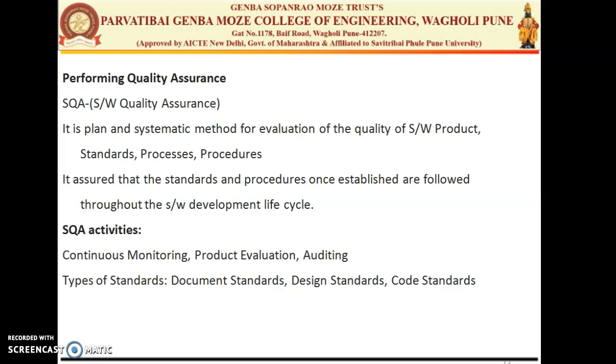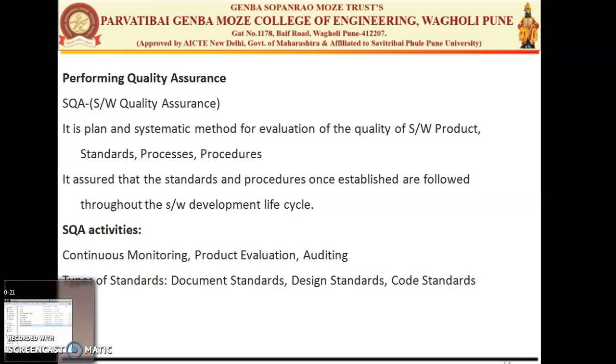So procedures are nothing but your criteria of establishment. By using the procedures, we can compare your control processes and your development processes. So the standards and procedures establish the methods for developing your software application. The role of SQA is to provide assurance of their existence and accuracy.